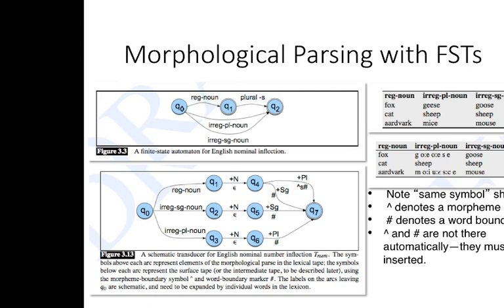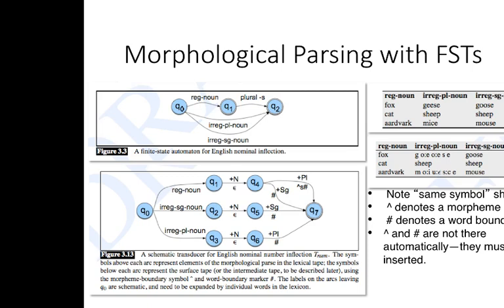Epsilon here means nothing, the empty string, from the input tape, and we write plus N to the output tape because we know it's a noun. Same here for irregular singular nouns, irregular plural nouns. And then if it has a morpheme boundary and then an S, then we write plus plural.